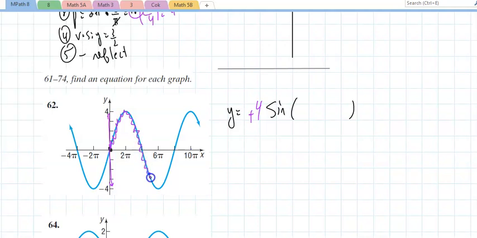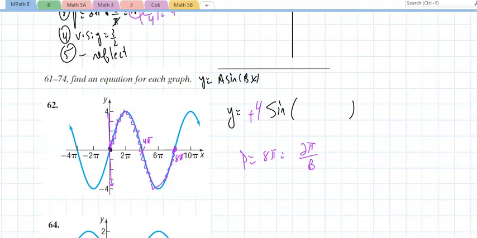I need the period. A sine, that's a full period. So this is 2 pi, 4 pi, 6 pi, 8 pi. The period is 8 pi. Isn't the period 2 pi divided by b? So I'm thinking for this graph, y equal a the sine of bx.